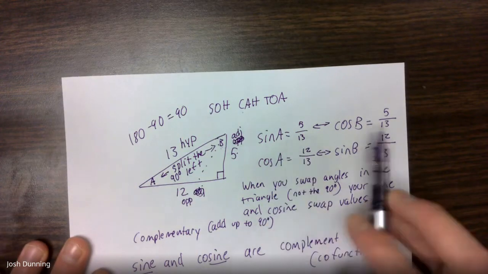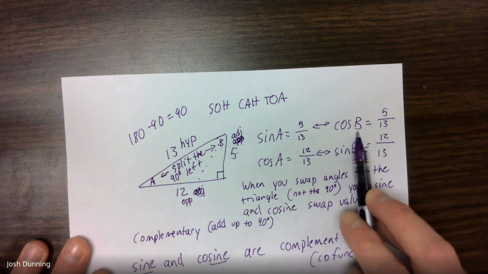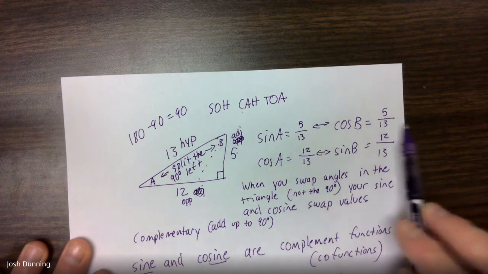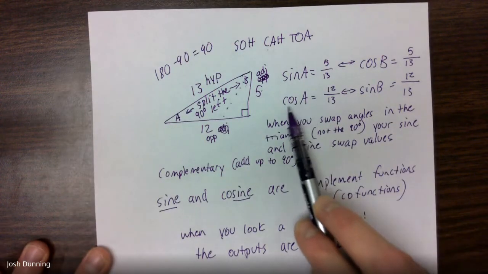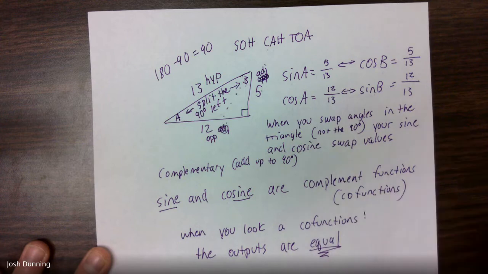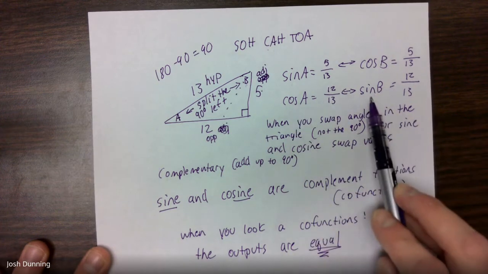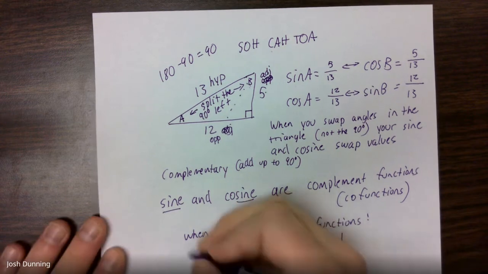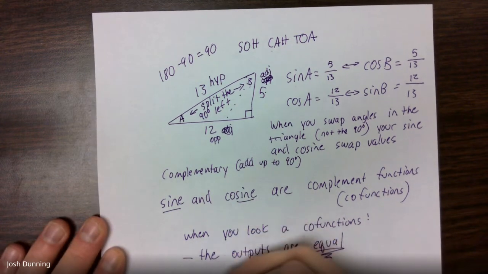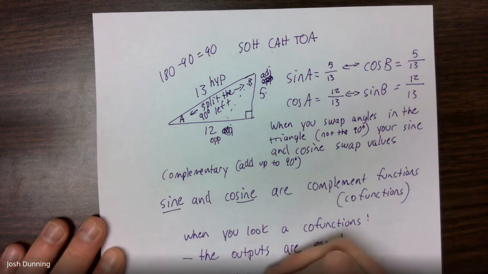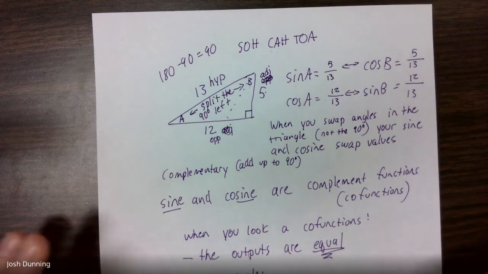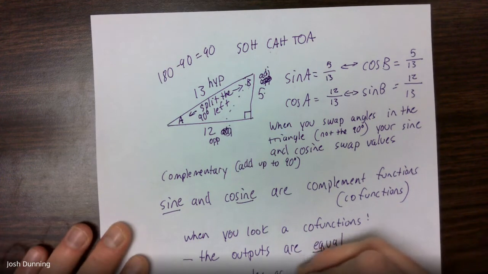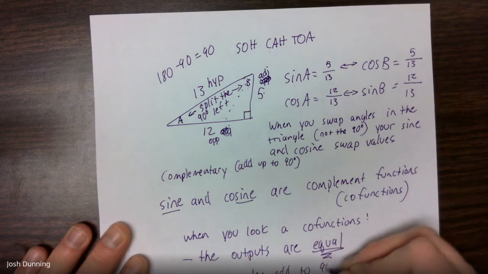Sine of A, its cofunction, cosine of B. 5 over 13, 5 over 13. Same thing down here. Cosine A, 12 over 13. Its cofunction, 12 over 13. So the outputs are equal. The angles, like we said, are complementary. So that means they add to 90 degrees.